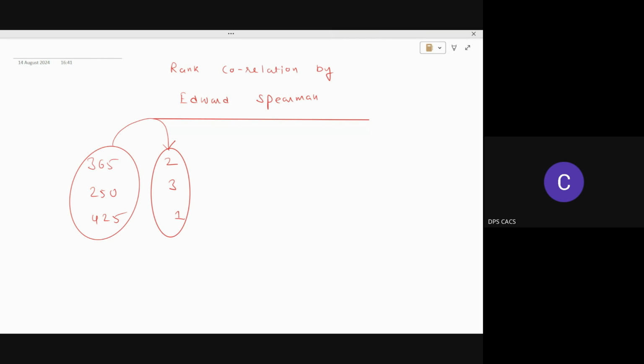But this is not practical, right? Even I feel that this is not practical. You are ignoring the value and taking ranks. And that is why Karl Pearson is more popular than Spearman. Widely used. Everywhere Karl Pearson is used. In stock market analysis, in financial analysis, in CA final, you will come to know that Karl Pearson is there.